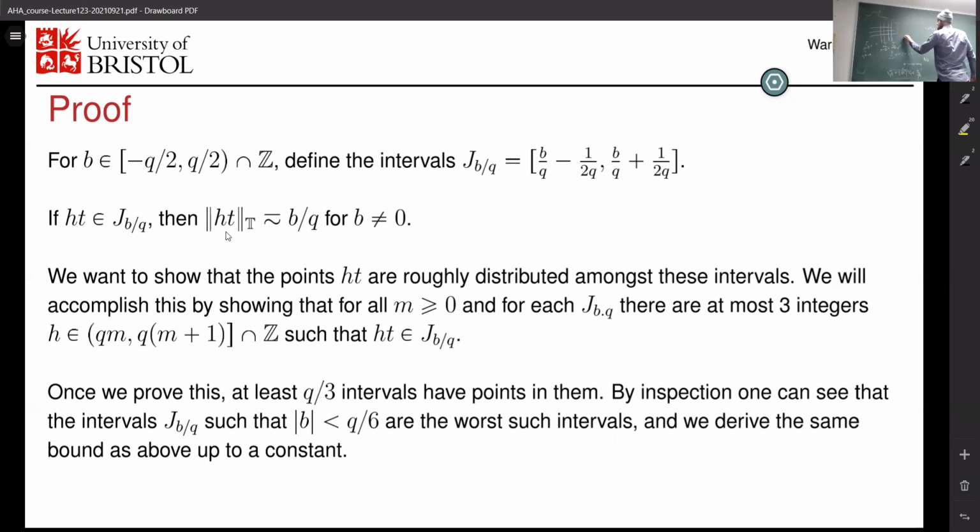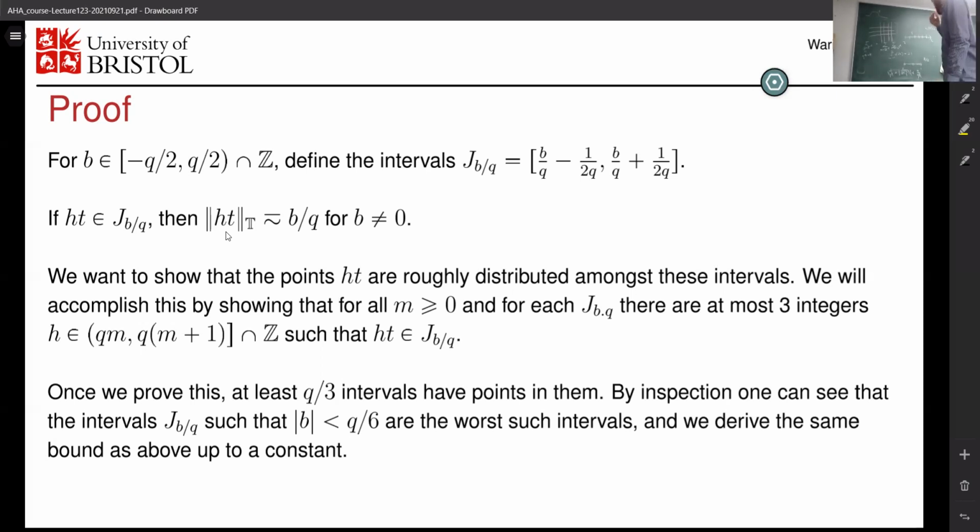I have my unit interval. This is -1/2 to 1/2, and I pick my big Q and cut it up into Q arcs, arcs of width 1 over Q. Since Q is an integer and this is length 1, of course, these are a nice partition. There are no edge effects to worry about.